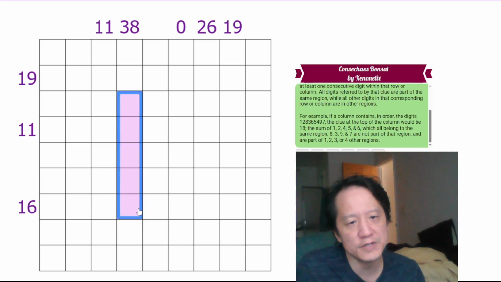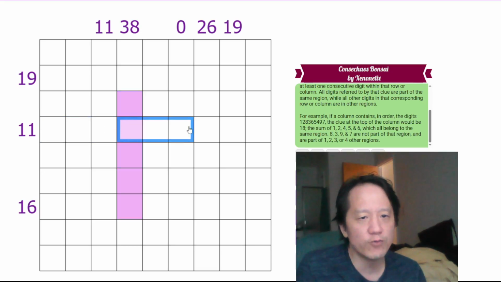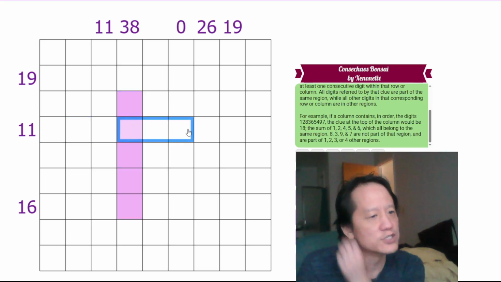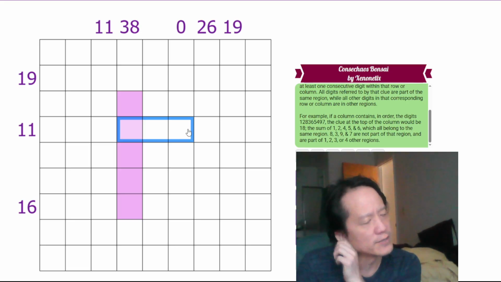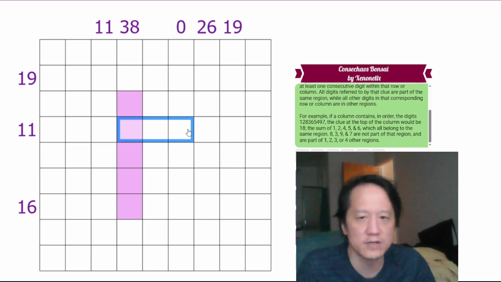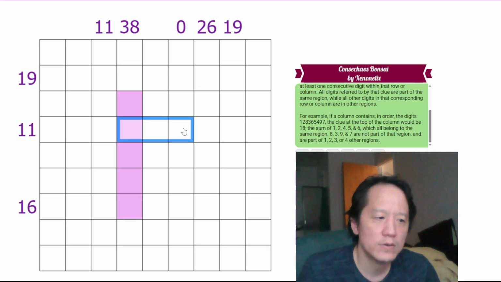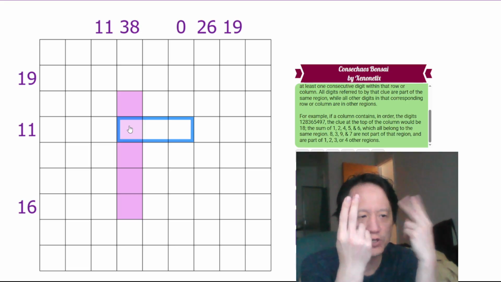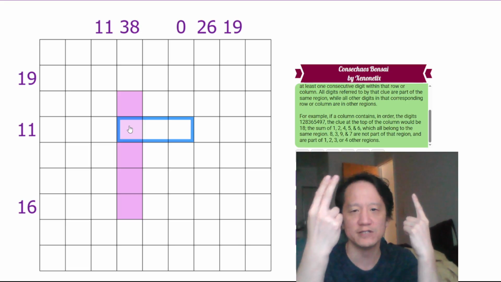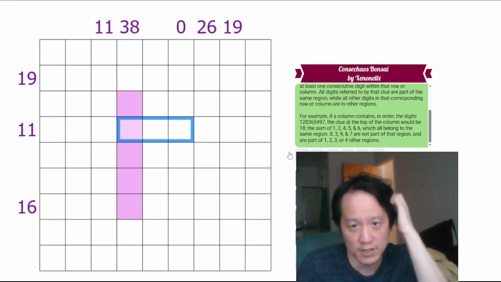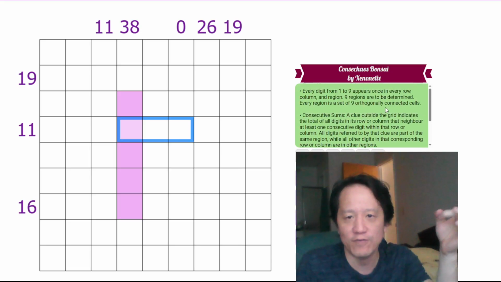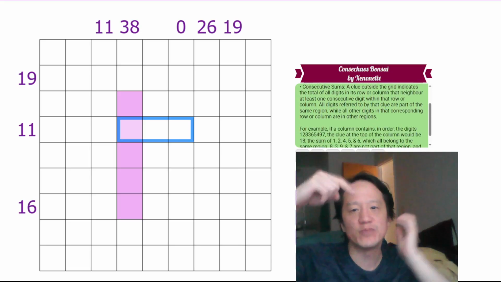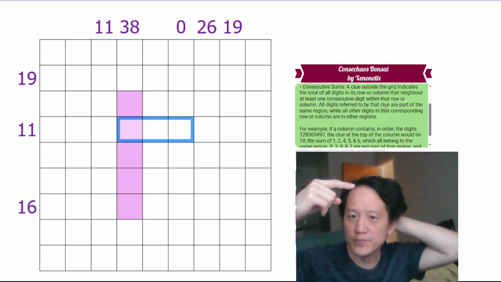So this specifically... Okay, so the reason why I'm looking at this... To have 3 digits add up to 11, it's impossible if they're all consecutive, right? And you can't have... You could have 2 and 2. You can't have two digits be consecutive and 1 digit be consecutive, because then that 1 by itself has to be consecutive with something else, right?